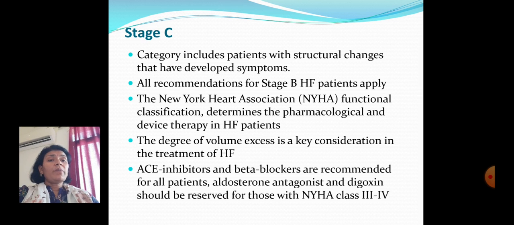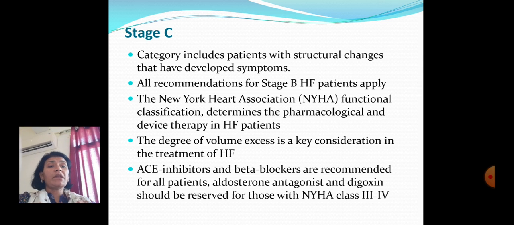Degree of volume excess is a key consideration in the treatment of heart failure. ACE inhibitors and beta blockers are recommended for all the patients, as we have seen in stage B also. Then aldosterone antagonist and digoxin should be reserved for those patients who are class 3 to 4 according to the NYHA classification.